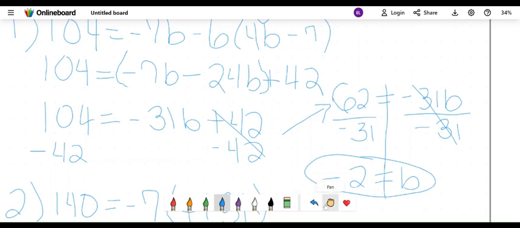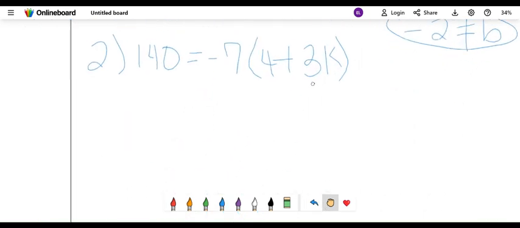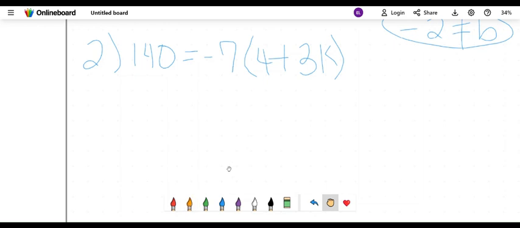Alright, so the next one. We have 140 equals negative 7 times the quantity of 4 plus 3k. First we have to distribute negative 7 multiplied by 4 and negative 7 multiplied by 3k. So to solve this, we first bring down 140 equals.